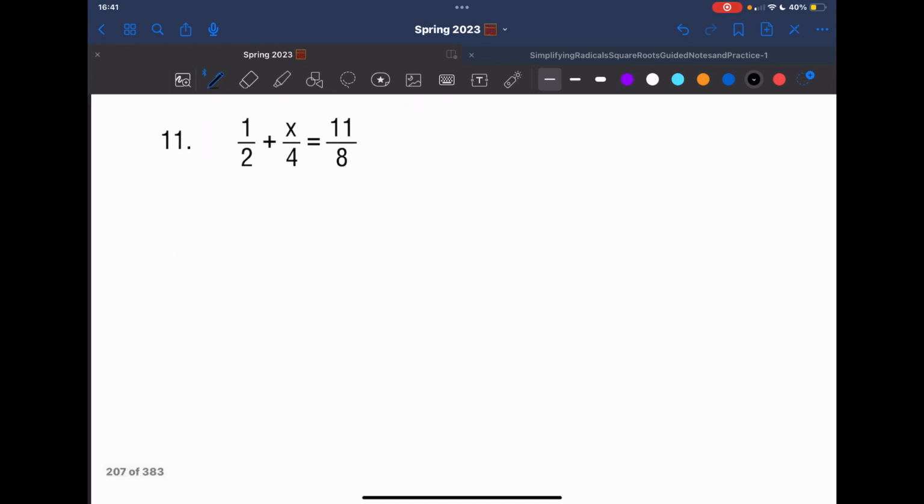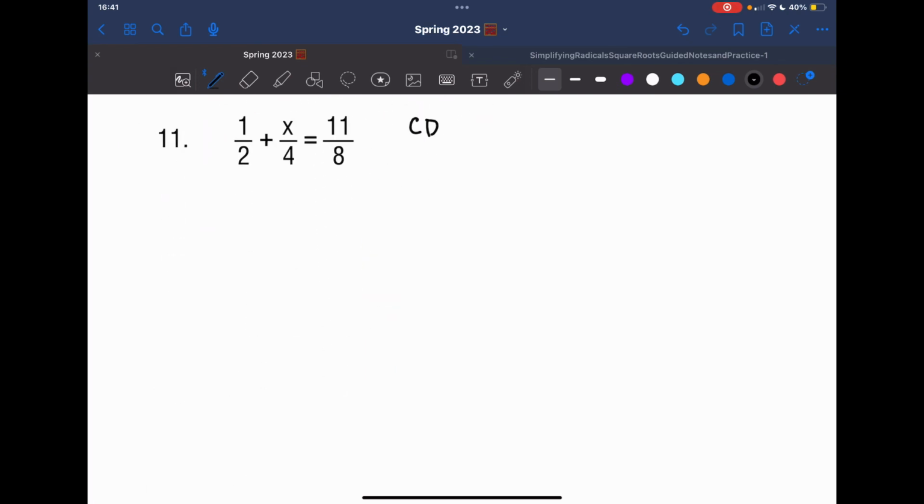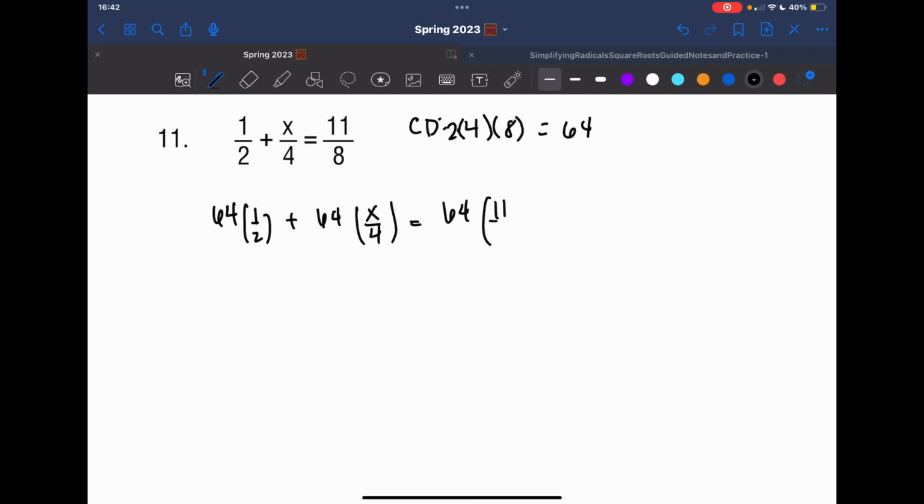Number 11, common denominator is going to be 2 times 4 times 8. So it's going to be 64. 64 times 1/2 plus 64 times x over 4 equals 64 times 11 over 8.